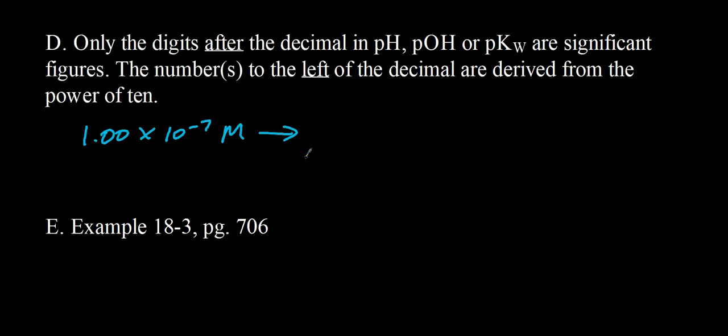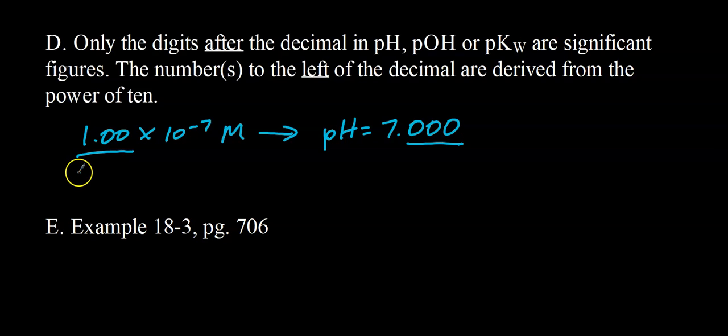What is the pH of this solution? So type it into your calculator. Take the negative log of 1.00 times 10 to the negative 7th, and we get a pH of 7.000. So notice in our concentration we have 3 sig figs, so we want 3 digits after the decimal.